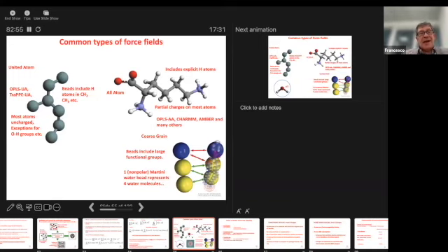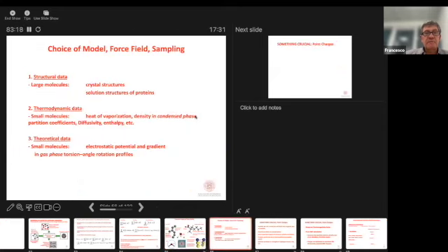Here we have a blanket, and the blanket has, of course, its own size, and we cannot describe everything in the proper way. We gain in the size of the system and the length of time of the simulations, but we lose something in the complexity of the system that we can describe.